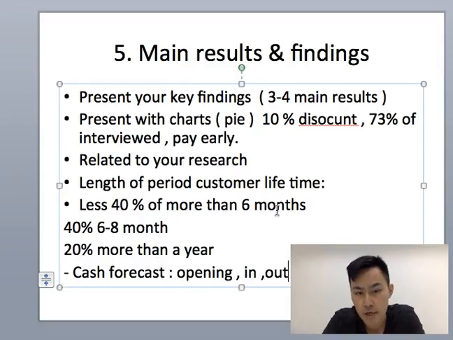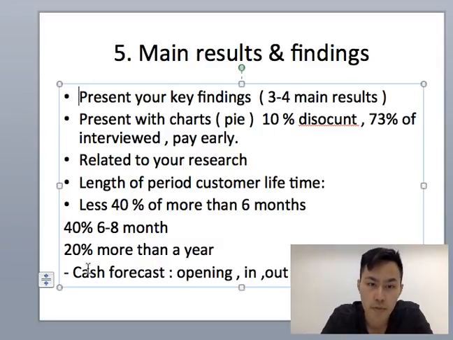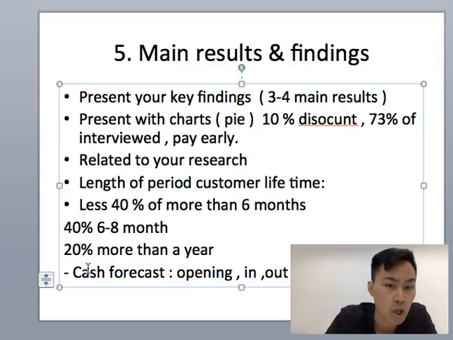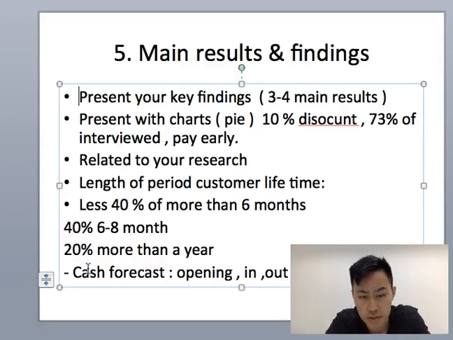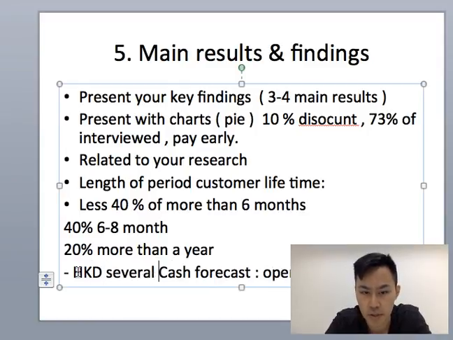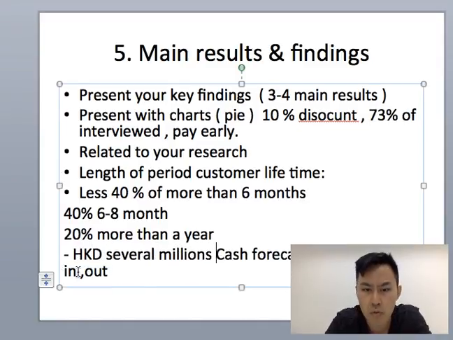So I would suggest that if that's a limited company with around 20 employees, then you can suggest that they're earning maybe several million dollars of revenue, Hong Kong dollars. So that will make sense.